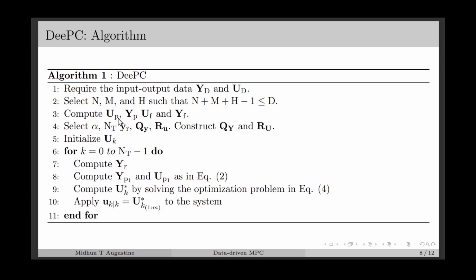Instead, we will directly use these Hankel matrices and also the input and output data sequences YP1 and UP1 to solve the DeePC optimization problem, which computes the optimal control sequence UK star. Then the first element of the control input sequence is applied to the system, and we will repeat this until the end of the simulation time.